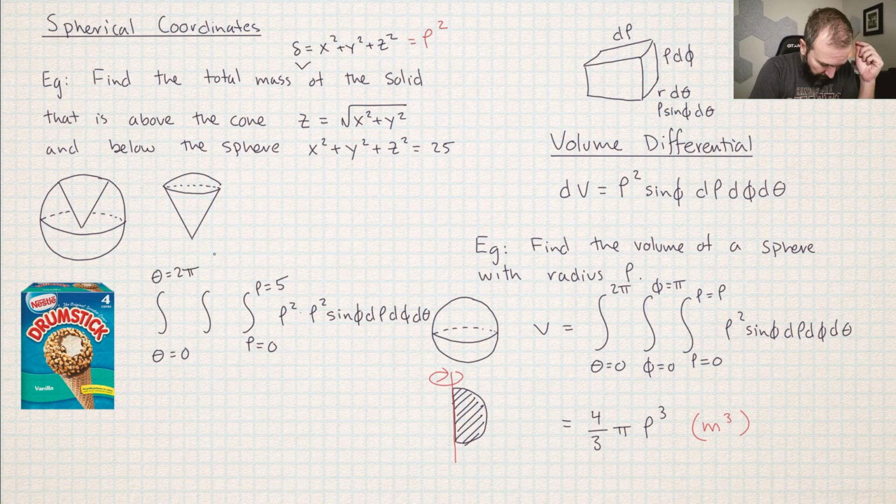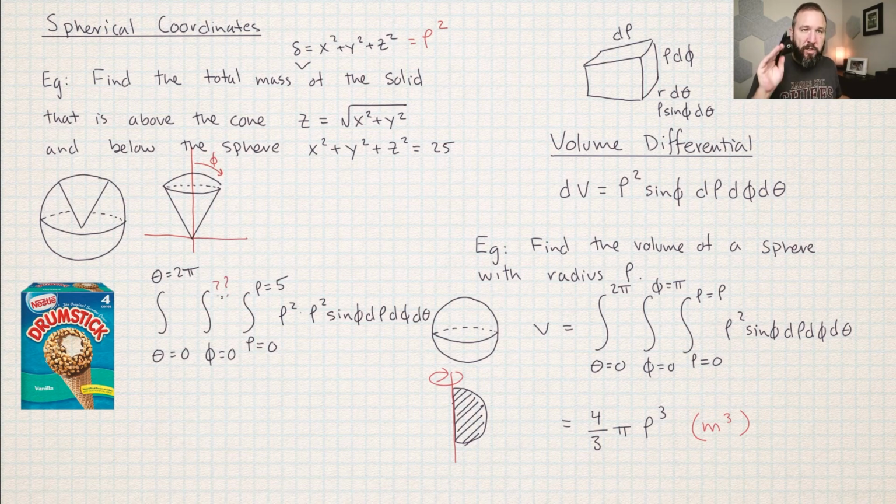Okay. All right, now we're going to need to figure out what the range of phi is. So let's look at the picture like this. This amount of angle right there is going to be phi. So it's definitely going to start at phi equal to 0. And the last thing for us to work out is how far out does it go?